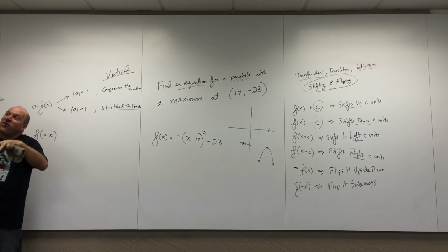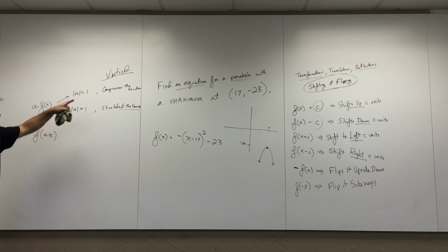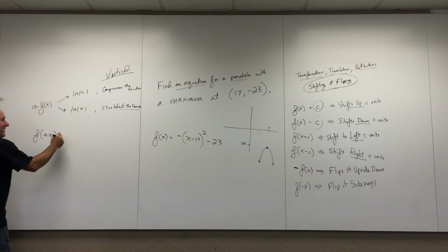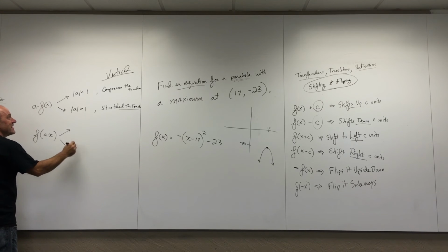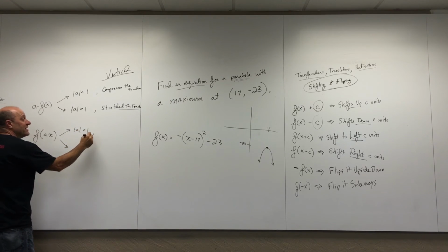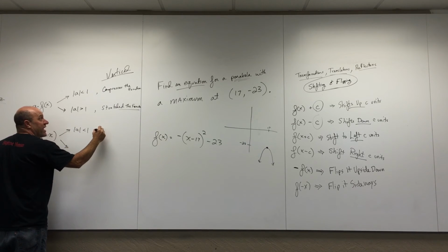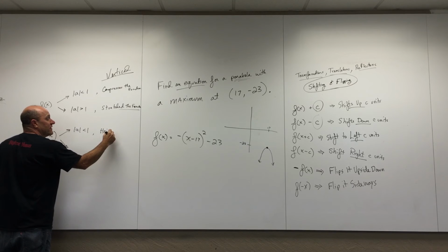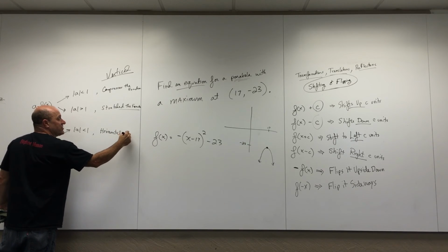And it's opposite of what you would think. It's opposite of this one. So my notes say that if the absolute value of A is less than 1, now it's a horizontal stretch.